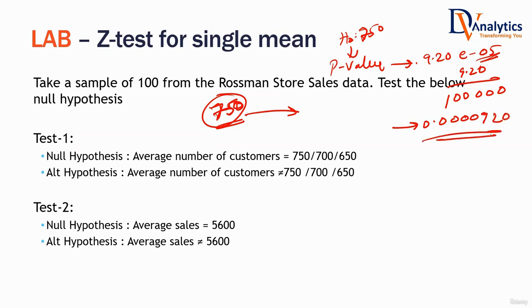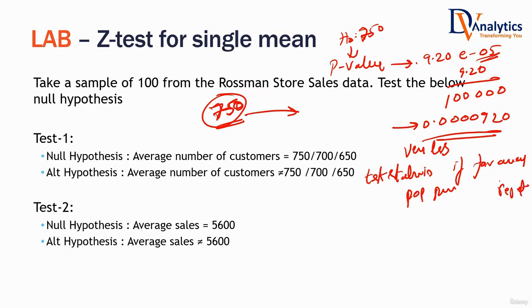If the p value is this much less, what does that mean? It means the test statistic is far away from the population parameter. Are you going to accept or reject the null hypothesis? Reject. If the test statistic is far away, then you reject the null hypothesis.